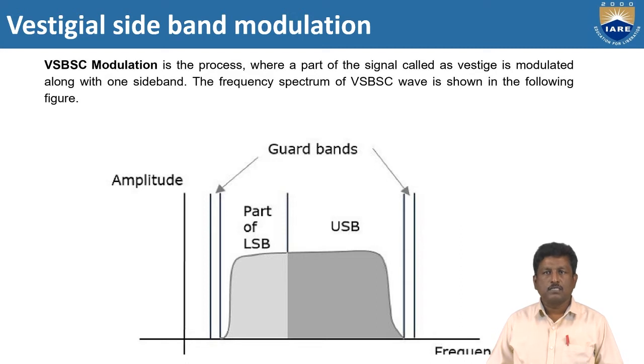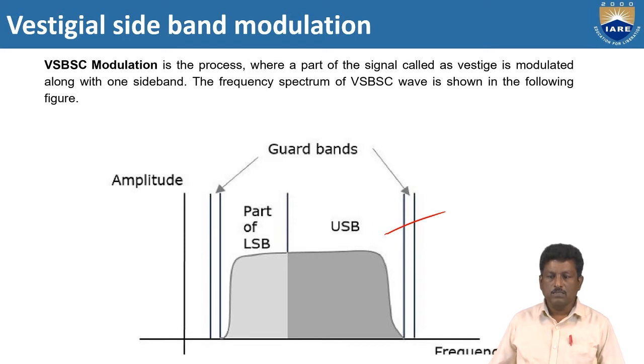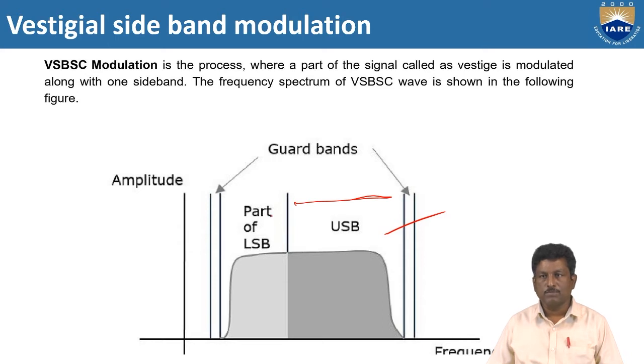VSB modulation is the process where a part of the signal, called the vestige, is modulated along with one complete sideband. The frequency spectrum of the VSB wave is shown here. This is the one complete sideband, the VSB upper sideband.